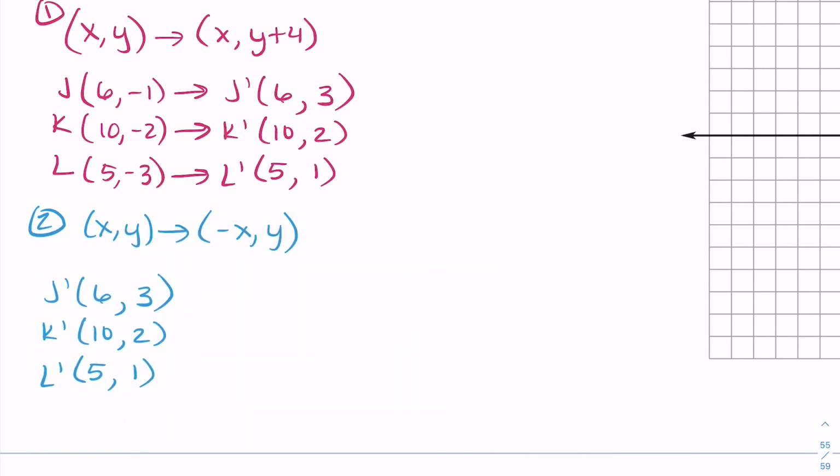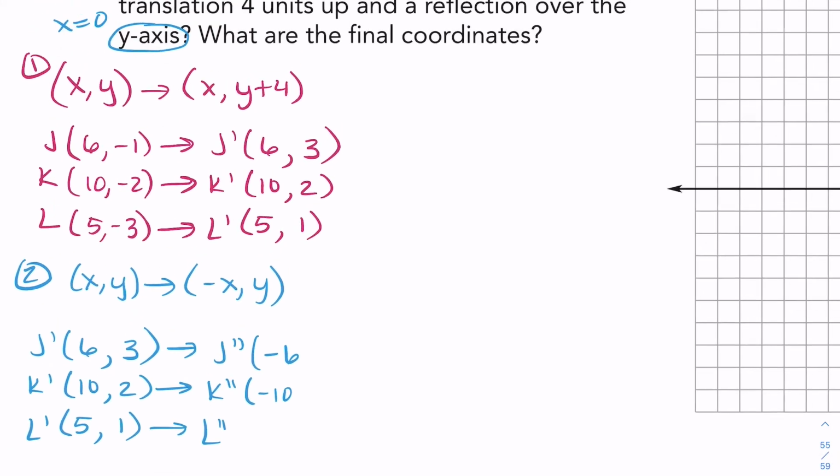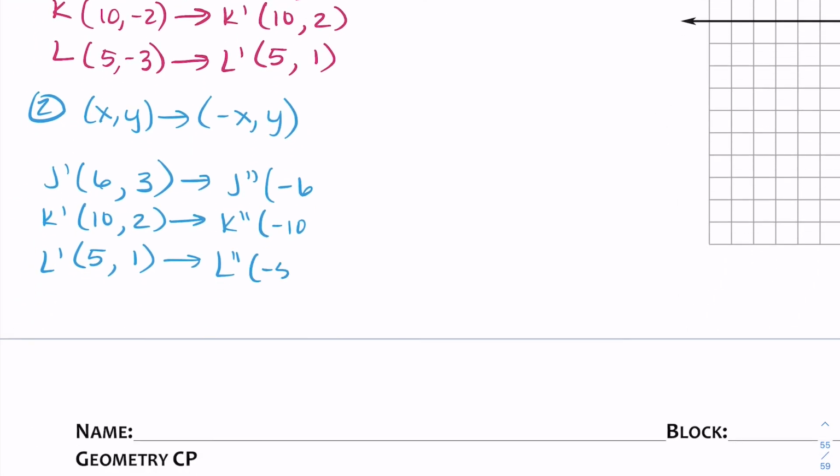And they're going to map onto the opposite x's. So J double prime, K double prime, L double prime: -6, 3, -10, 2, -5, 1. The y's stay the same.